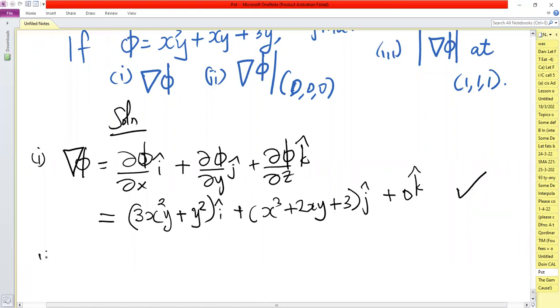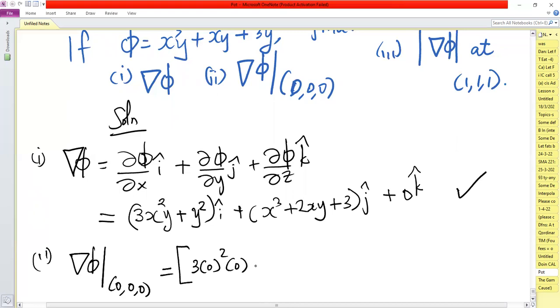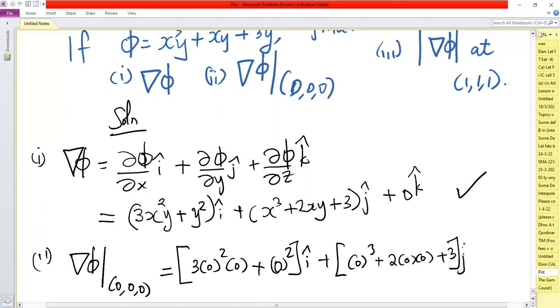And then the second solution, gradient of phi at 0, 0, 0 means we replace where there's x, y, and z each by 0. So we'll have 3 times 0 squared times 0 plus 0 squared i, plus 0 power 3 plus 2 times 0 times 0 plus 3 j, and then plus 0 k.